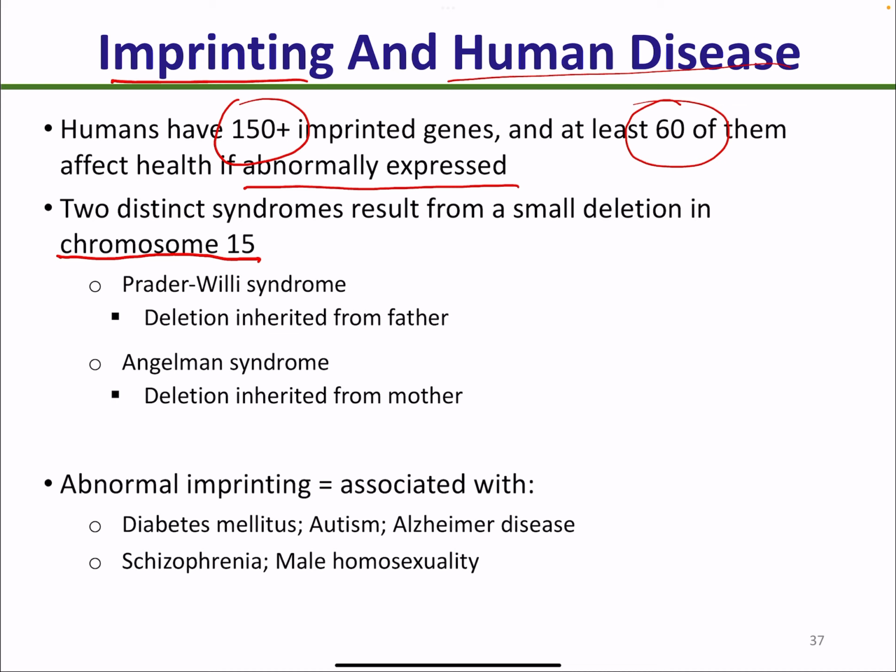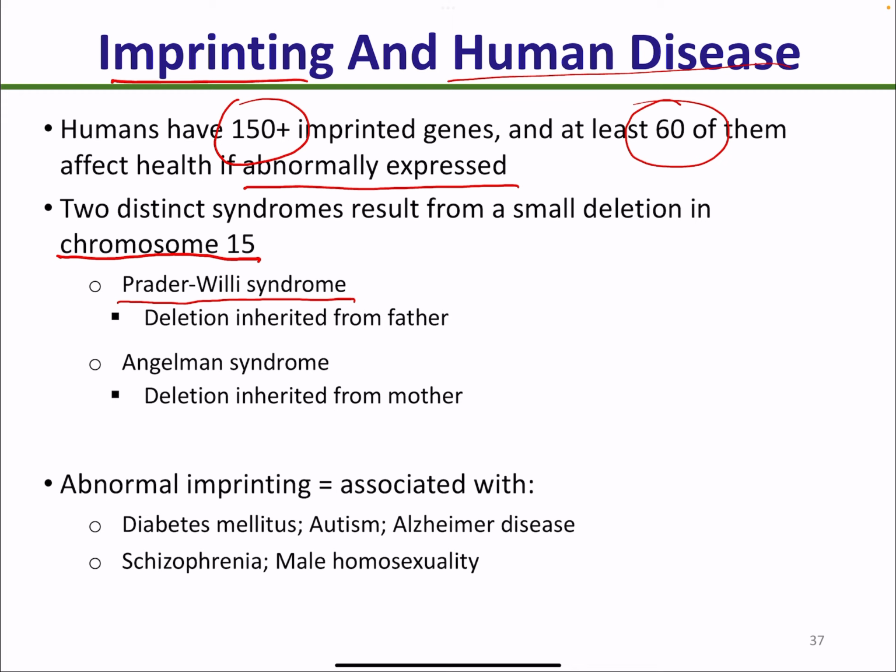Now, if a father is the one giving chromosome 15 with the deletions, this is going to lead to Prader-Willi syndrome. That Prader-Willi syndrome, it's basically when a child is born and is unusually obese.